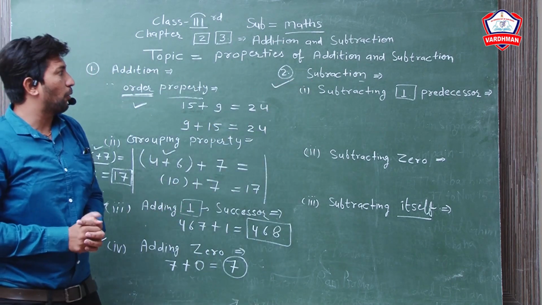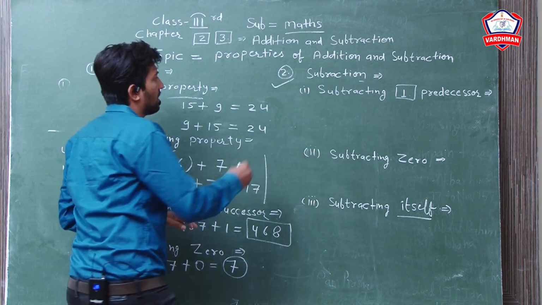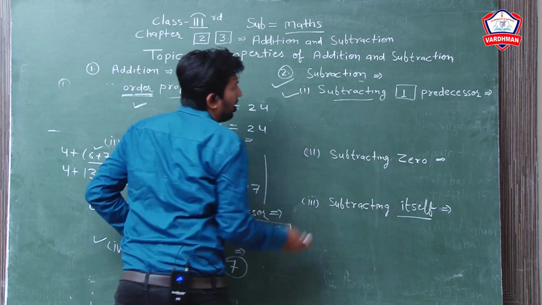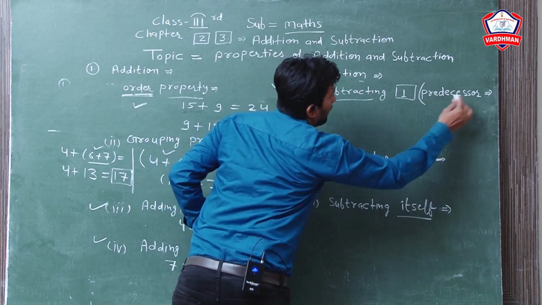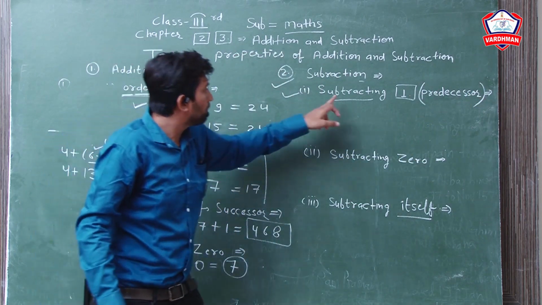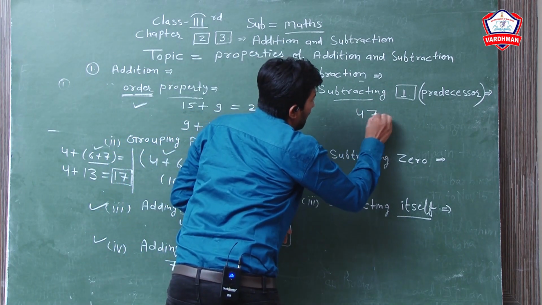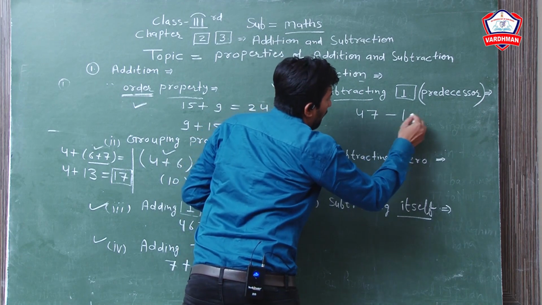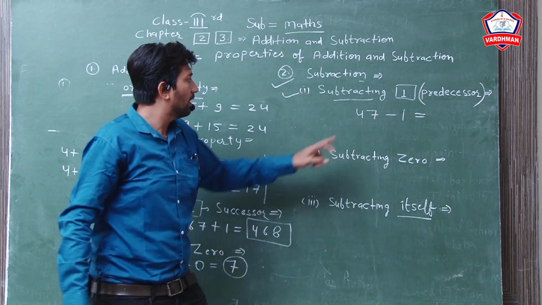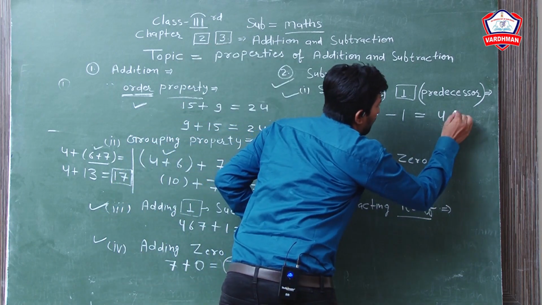Now your subtraction properties. First, subtracting 1, you will find the predecessor. Like if you have 47 less by 1, what do you find? 47 less by 1, your resultant is 46.